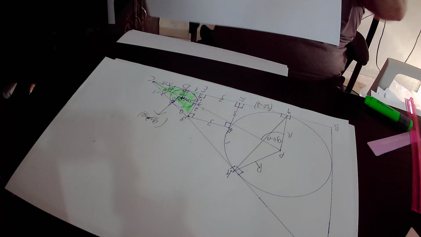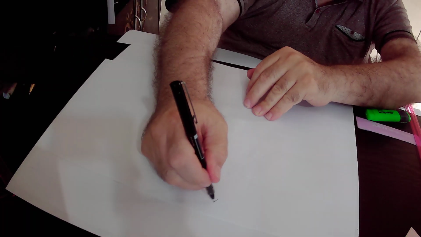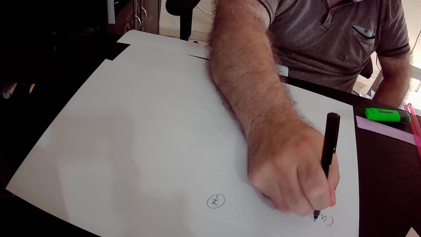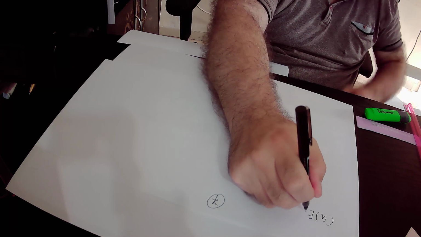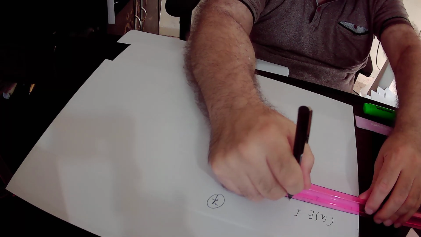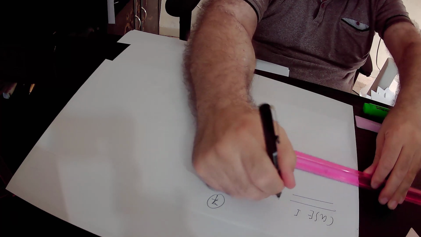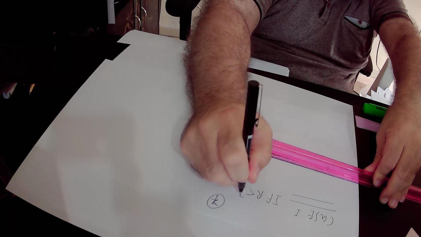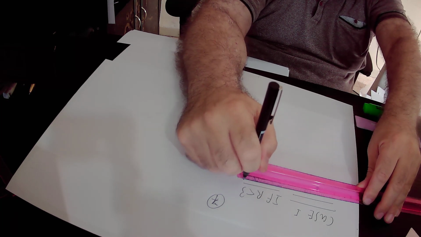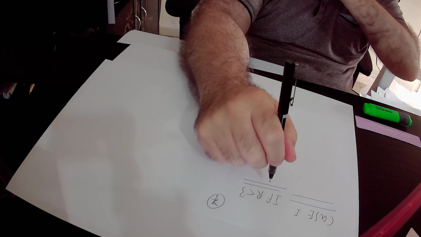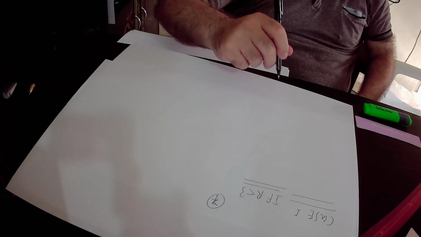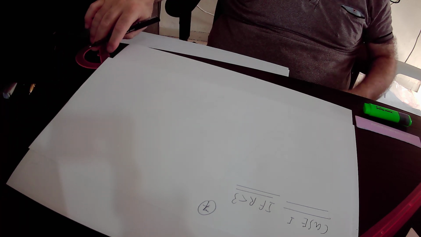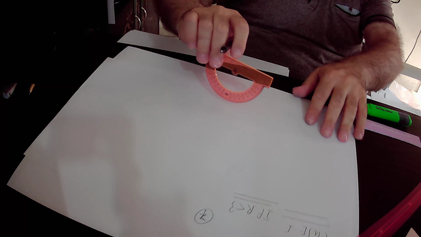Case 1, if capital R is less than 3 units, then we will have a circle whose radius is less than 3 units.